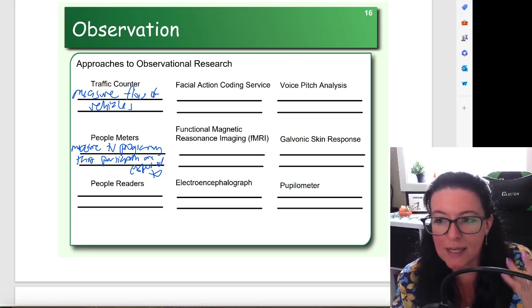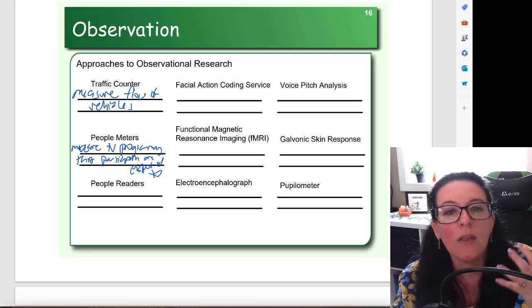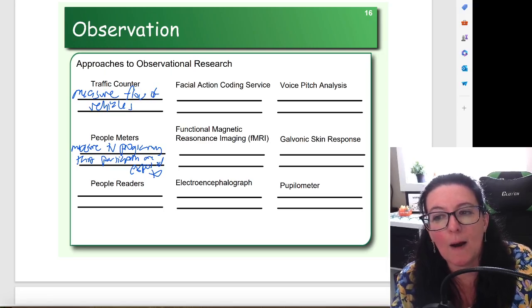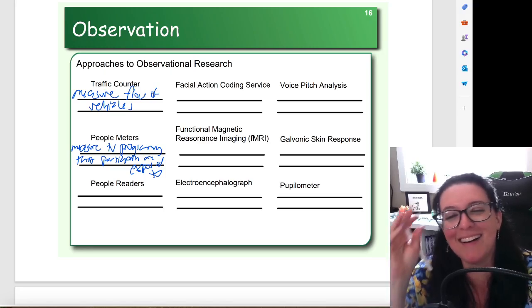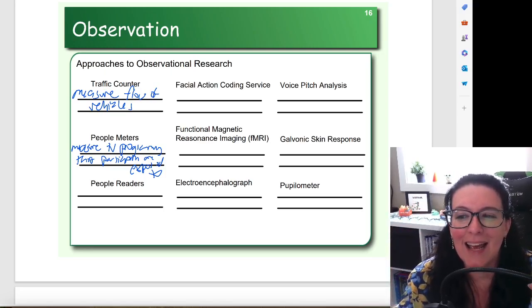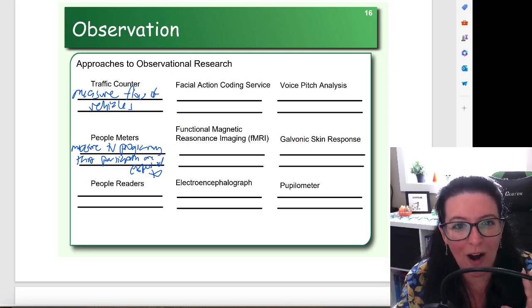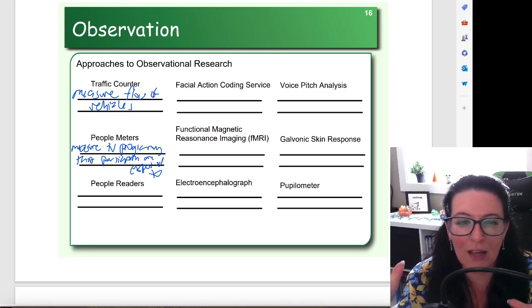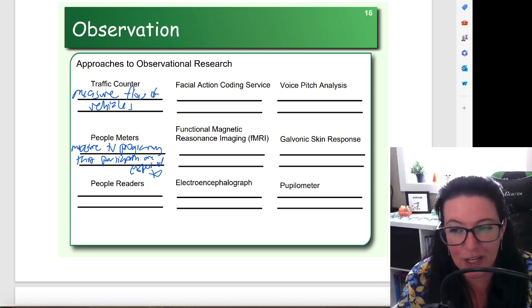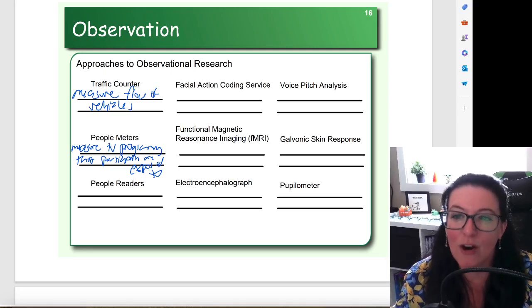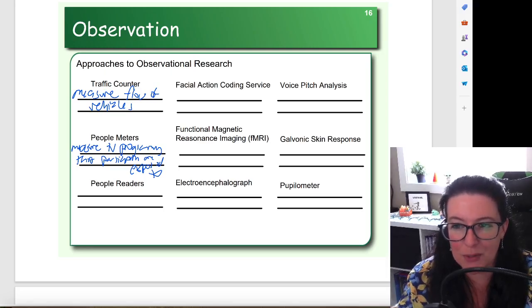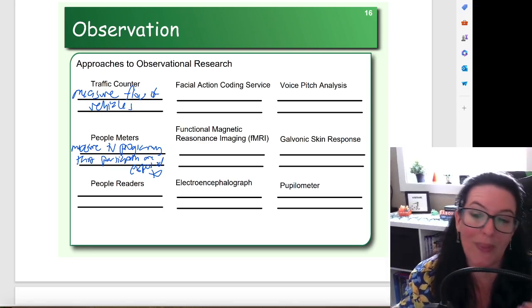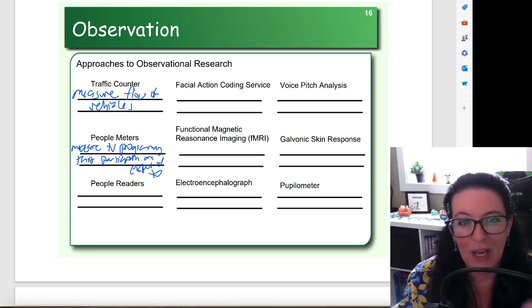And so when we started to get DVRs and PVRs, the way that it worked is that if you had a TiVo way back when, that would then track what you watched. And so Nielsen and other companies could actually determine how many people were watching a show at any particular time. So again, equipment here, a people meter, is measuring the TV programming that the household is exposed to determine what ads they are exposed to.